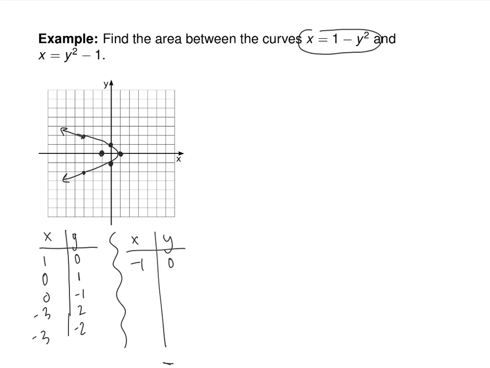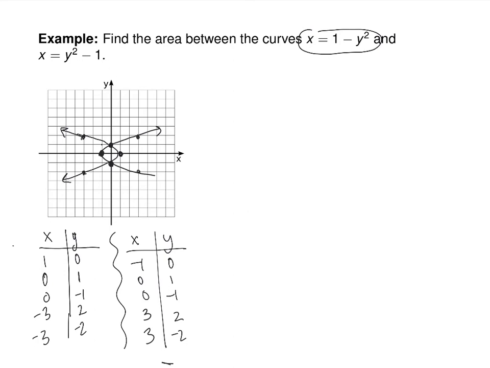If I input 1 for y or -1 for y, in both cases I get 0. So there we go. And if I were to input, say, 2 for y or -2 for y, in the case of 2, I get that x is 3. In the case of -2, I also get that x is 3. So I graph the point over 3 up 2 and over 3 down 2.